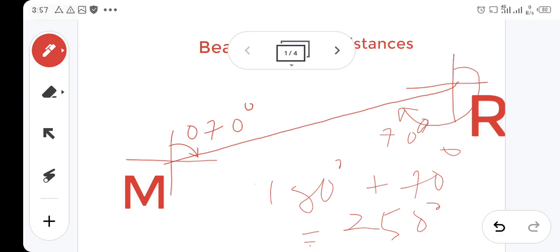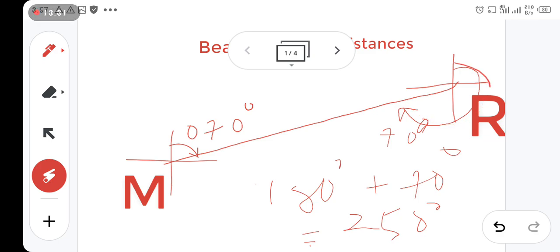Okay, so let's take it one more time. For us to get the bearing of Market Square from Ring Road, it means that from Ring Road, at what angle should we turn to get to Market Square. Now we draw an angle starting from the north pole to touch the line connecting point M and point R. Okay, so it's here.